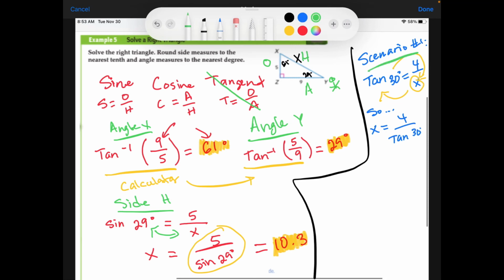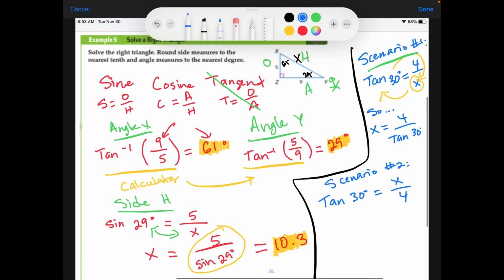That's your first scenario. Your second scenario that you'll see: you'll have your ratio, let's say the same one, tangent of 30, but now your x is at the top and you have the number at the bottom.